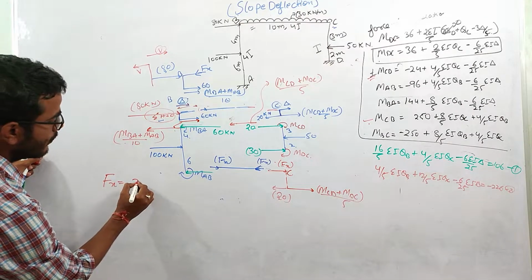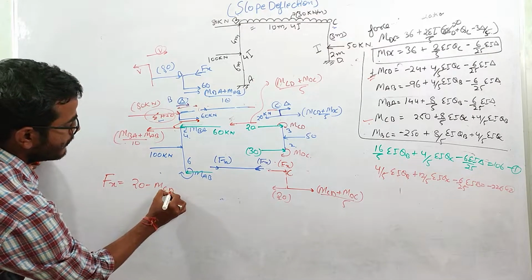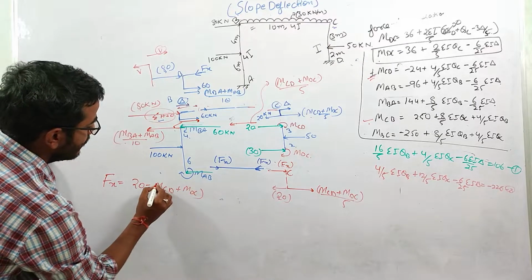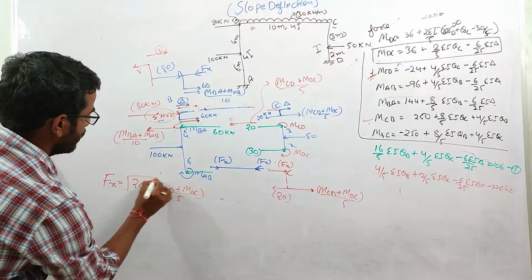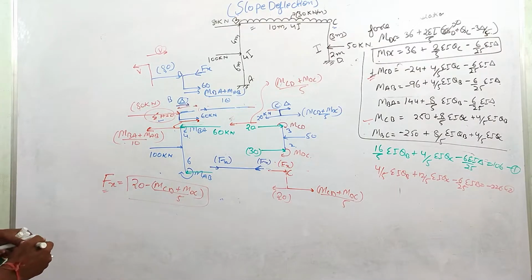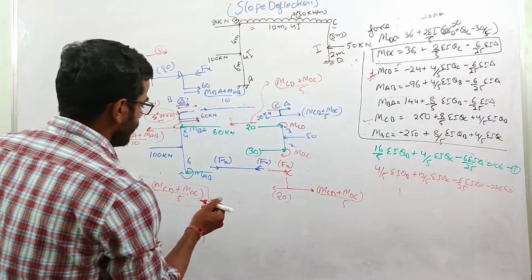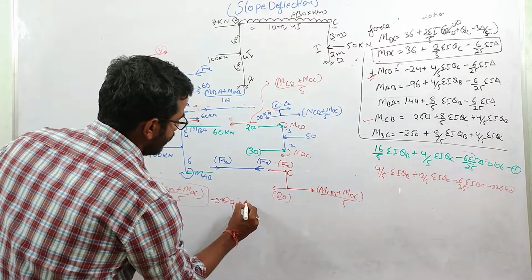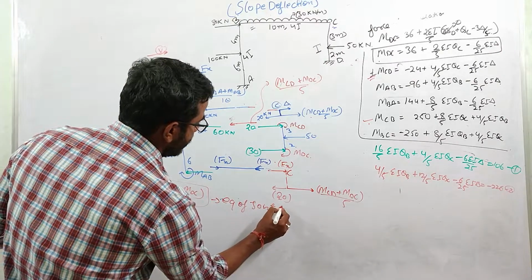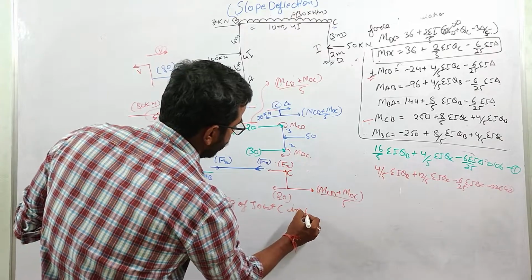Fx is equal to 20 minus MCD plus MDC over 5. Okay guys, so this we got from equilibrium of joint C in the horizontal direction.